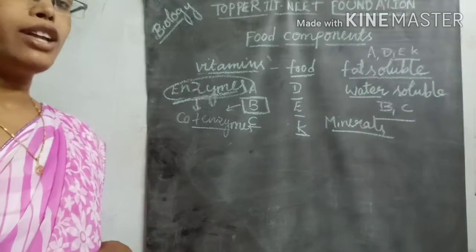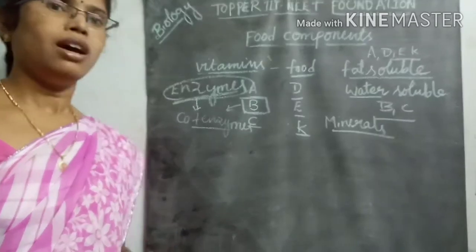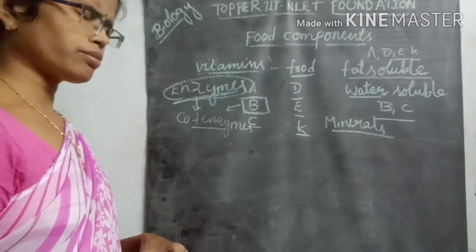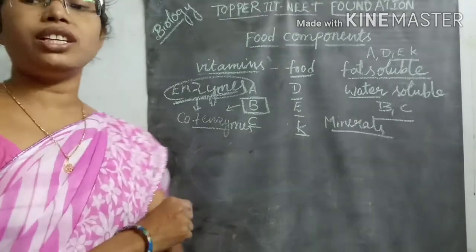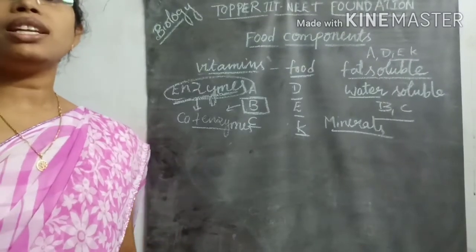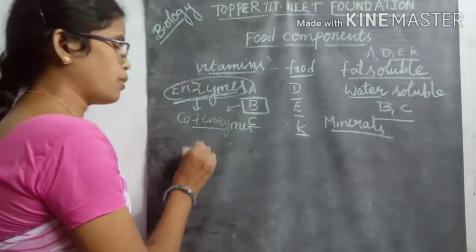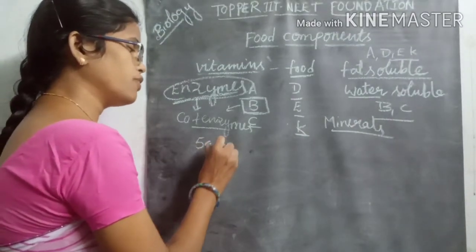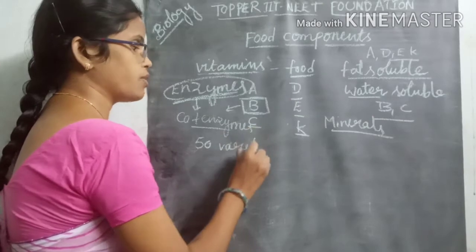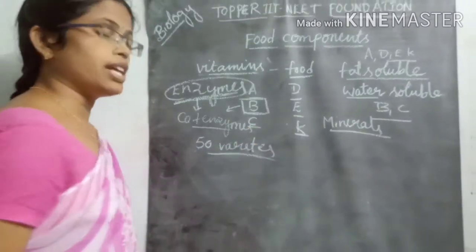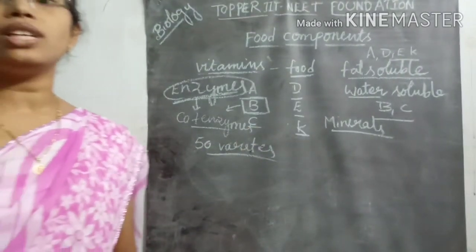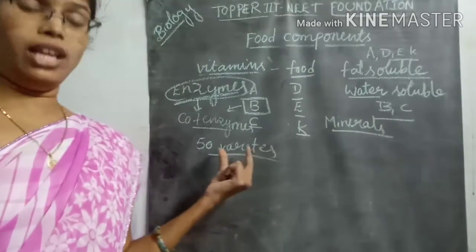So for the activeness of these enzymes to perform different chemical reactions, the minerals are very important. In our body, approximately more than 50 varieties of minerals can be found. So how many varieties of minerals can we find in our human body? 50 varieties.